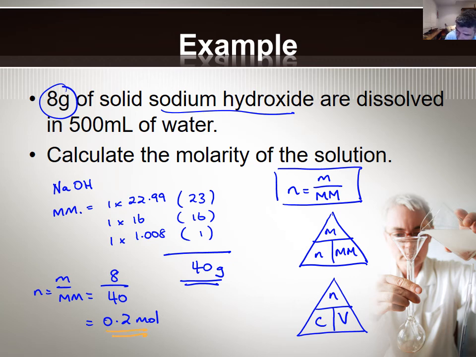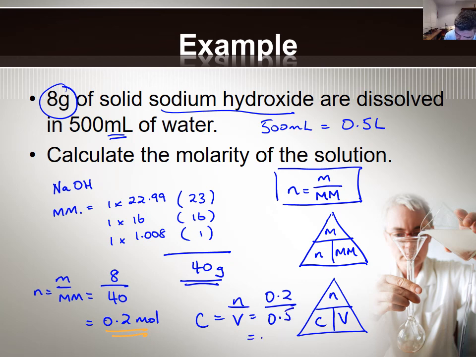We can go to our final calculation, which is concentration is number of moles over volume, which is 0.2, which we just calculated, and the volume needs to be in litres. So 500 mL is the same as 0.5 litres. So it's 0.2 divided by 0.5, which is 0.4. So therefore, the molarity of the solution is going to be 0.4 moles per litre.